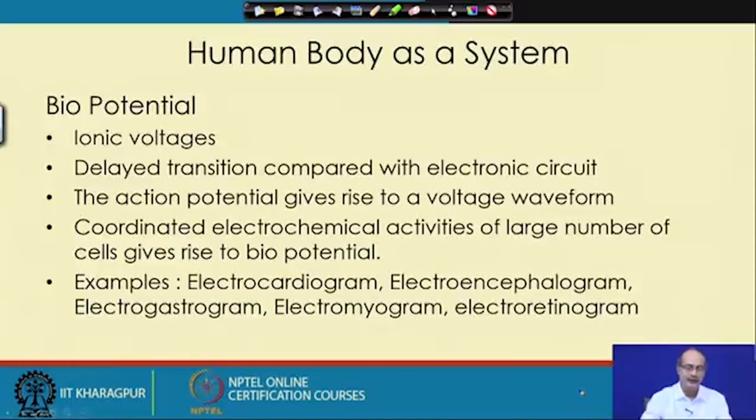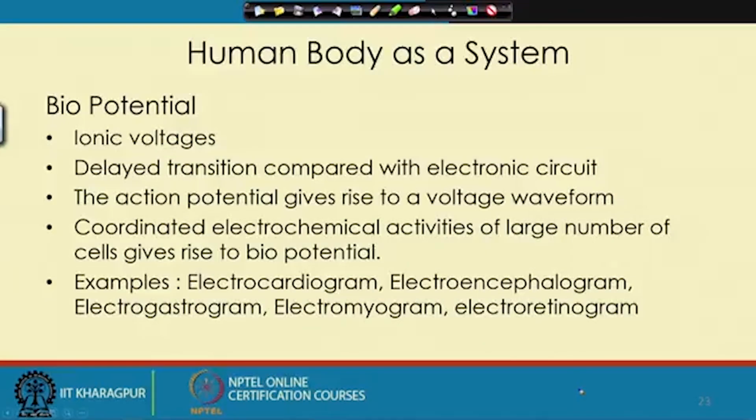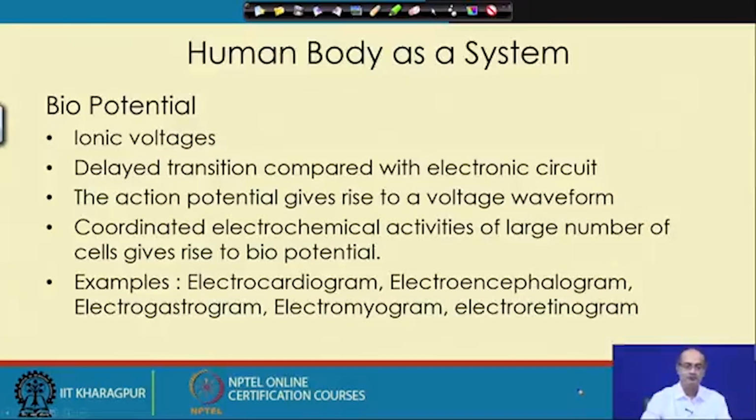That means the current flow happens because of the movement of ions, or charged particles, just like any battery we use. Next, the rate of flow or the frequency of the action potential is very slow compared to an electronic circuit.